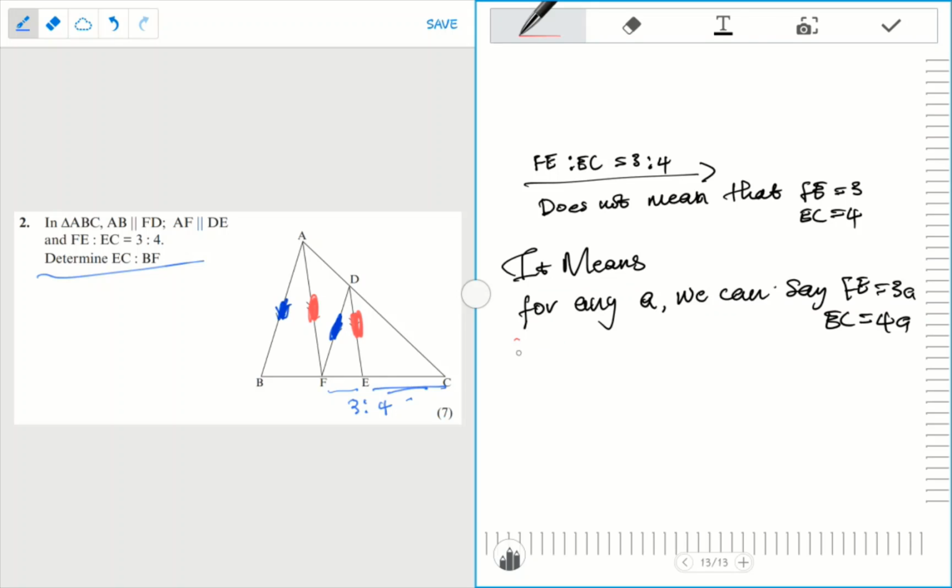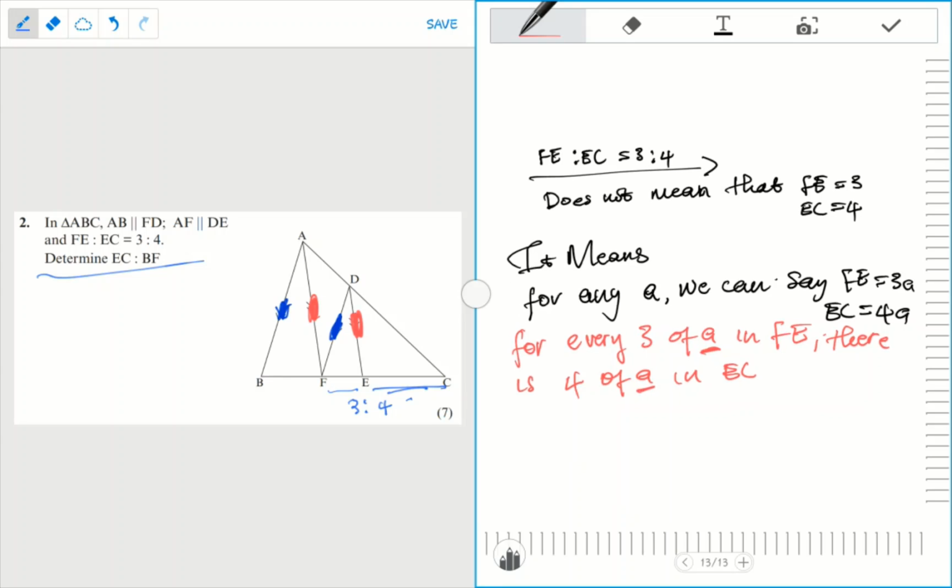It means for every 3 of A in FE, there is 4 of A in EC. Mind you, this A is an unknown number, it's an unknown value.